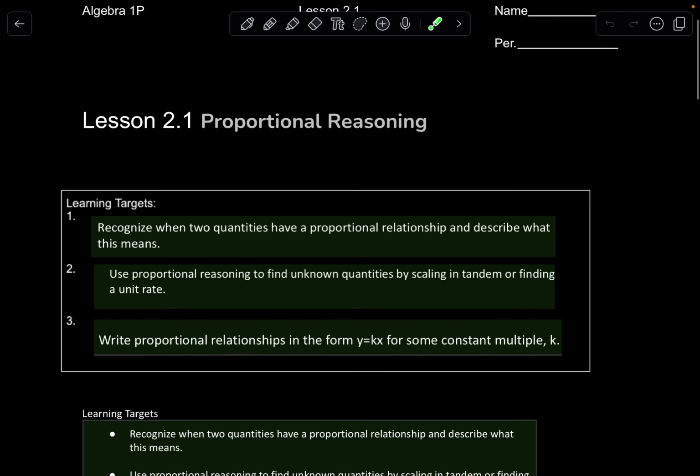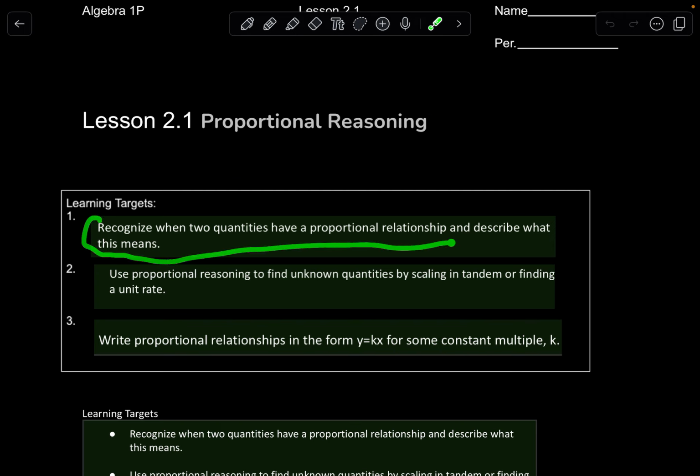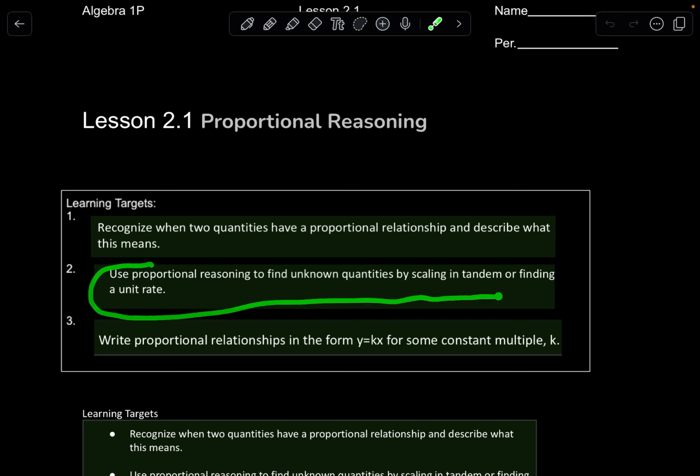So proportional reasoning. Our learning targets are going to be to recognize when two quantities have a proportional relationship and describe what this means. We're going to discuss what exactly we mean by a proportional relationship. We're going to use proportional reasoning to find unknown quantities by scaling in tandem, and I'll show you that, or finding a unit rate.